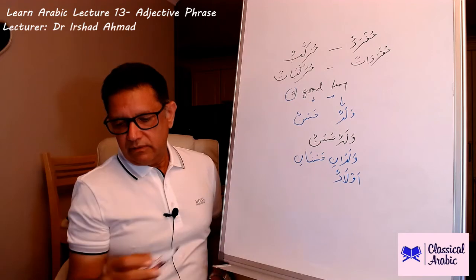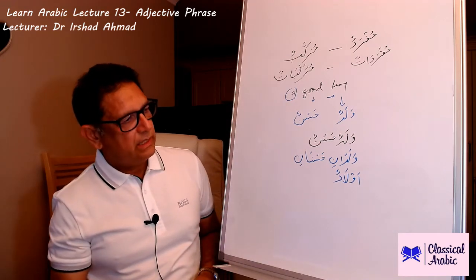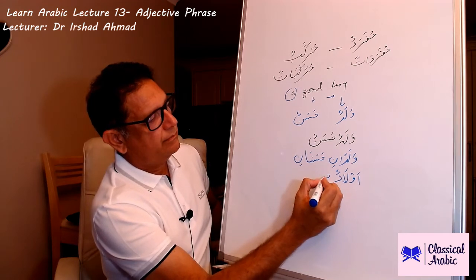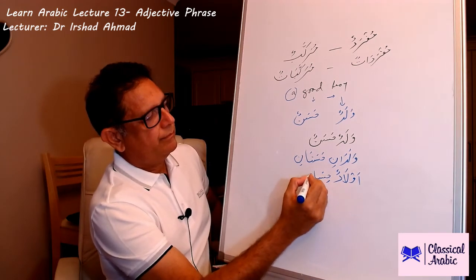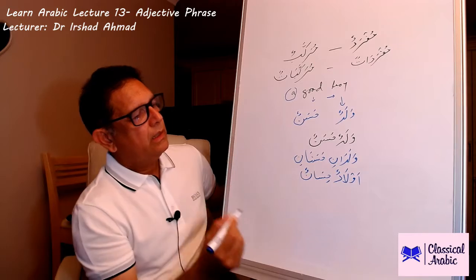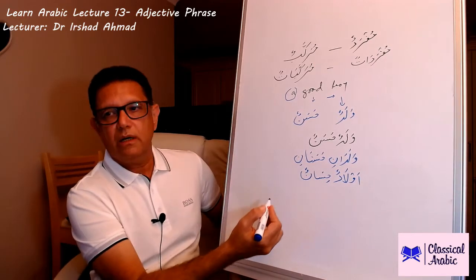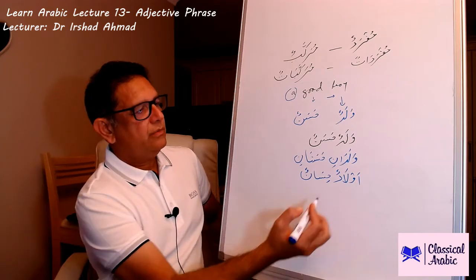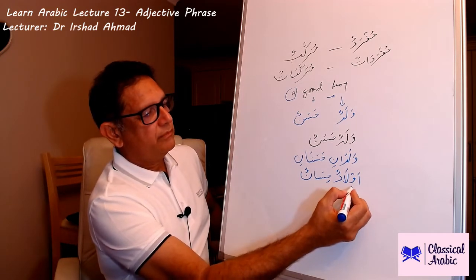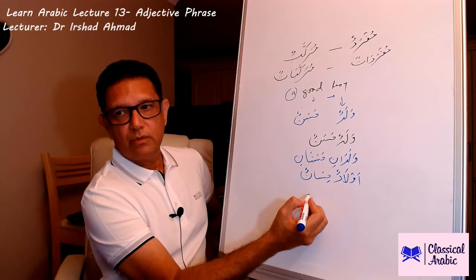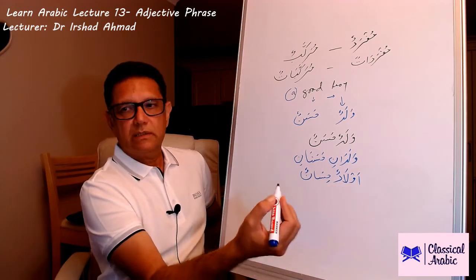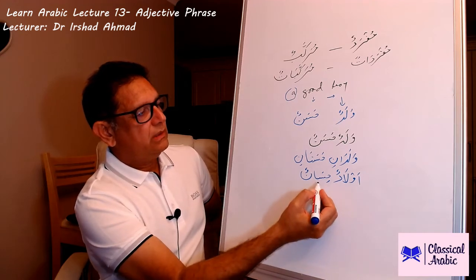So sifa of plural of hasanun is also jama mukassar, which is hisanun. So awladun hisanun, some good boys. So what we are saying here is really some boys, some good kind of thing, but translation will be some good boys. So awladun hisanun.